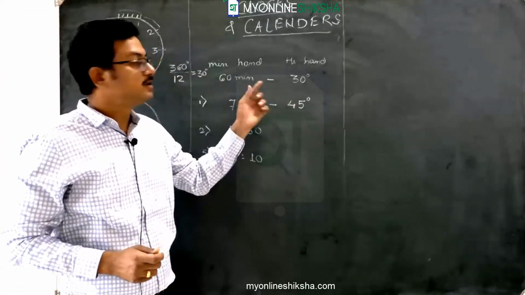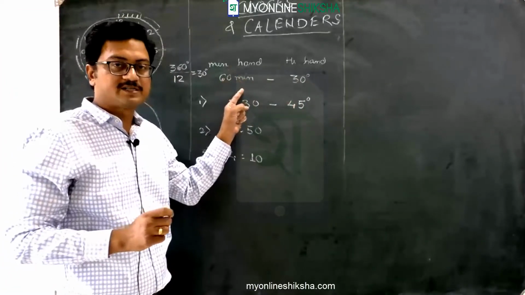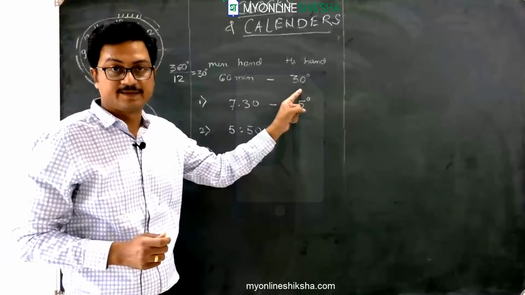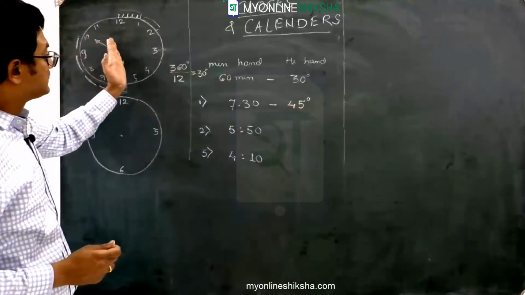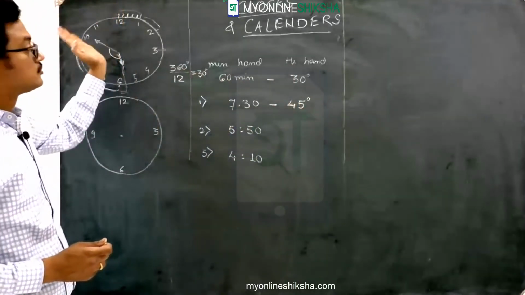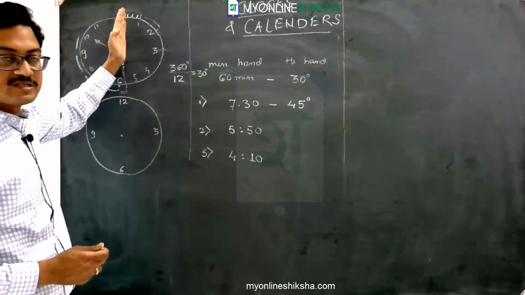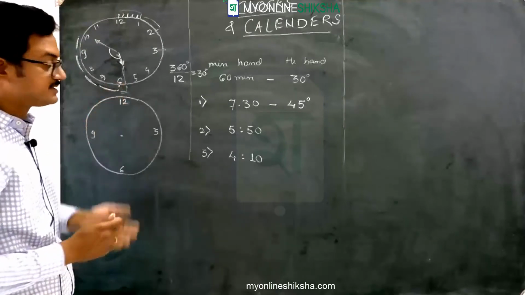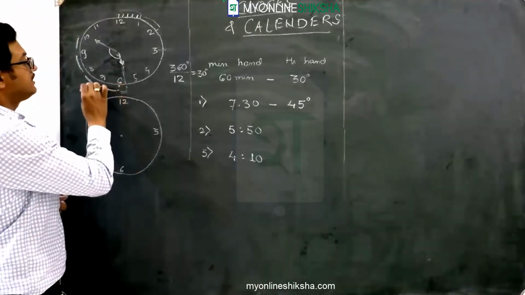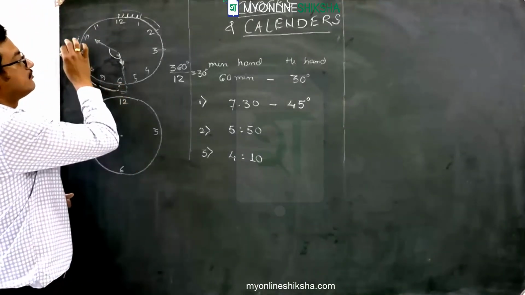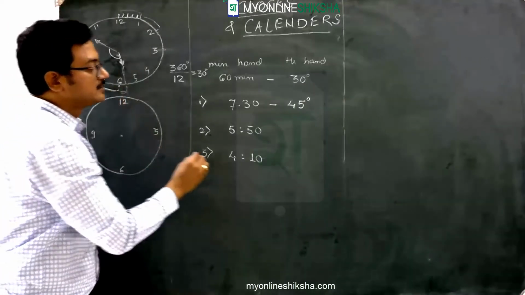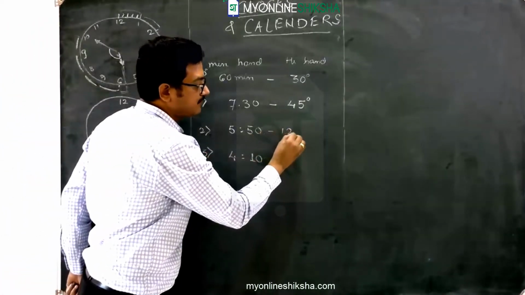So during this 10 minute span, when minute hand moves 10 minutes, hour hand will have to move 5 degrees. So can I tell that 30, 60, 90, 120 degrees and this 5 degrees, so this angle must be 125 degrees.